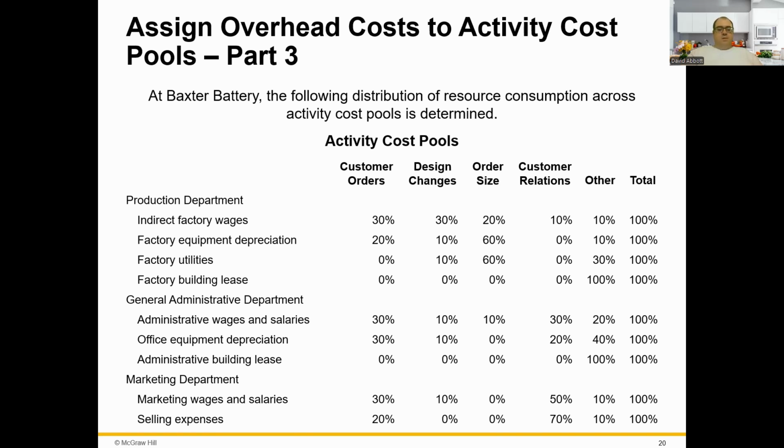Notice, for example, the indirect factory workers allocated 30% of their time to the customer orders activity, 30% to the design changes activity, 20% to the order size activity, 10% to customer relations, and 10% to the other activity. The factory building lease costs are allocated entirely to the other activity. Since Baxter has a single facility that it does not plan to contract or expand, the lease costs are treated as organization sustaining costs.